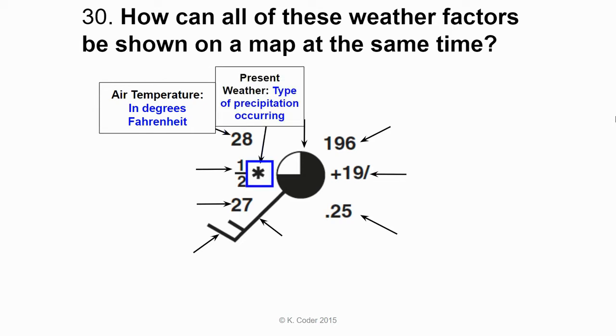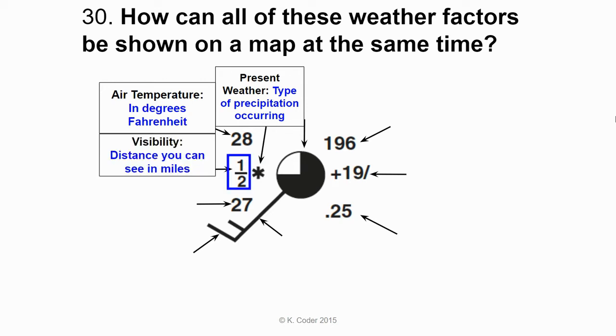Next up is this little asterisk right here, which is the present weather and the type of precipitation that may or may not be occurring. After that, we have this half symbol right here, which is the visibility, and it simply means the distance you can see in miles. So for this particular station model, we can see half a mile away.